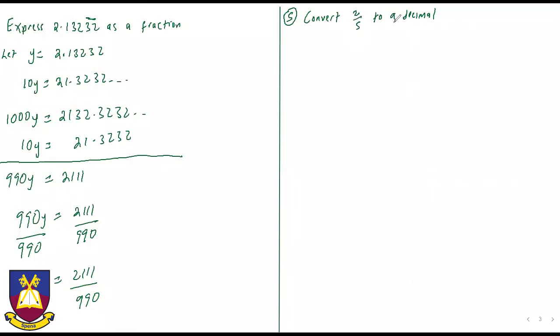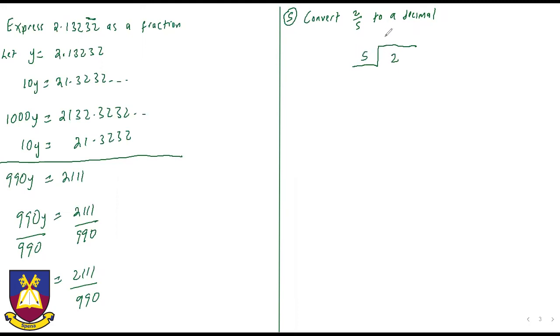Convert 2/5 to a decimal. In order to convert a fraction to a decimal, we just use the process of division. This is what we are dividing, and this is what is dividing. Now, obviously, 2 cannot be divided by 5 because it is less.